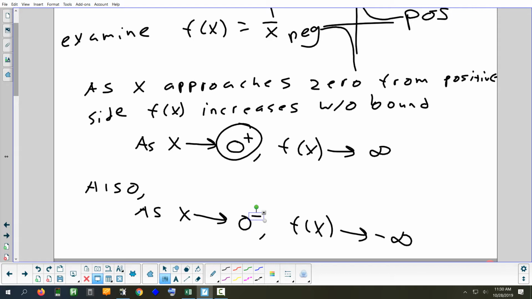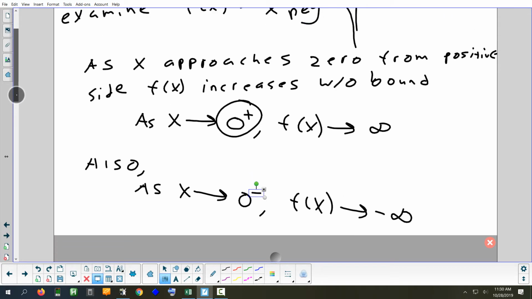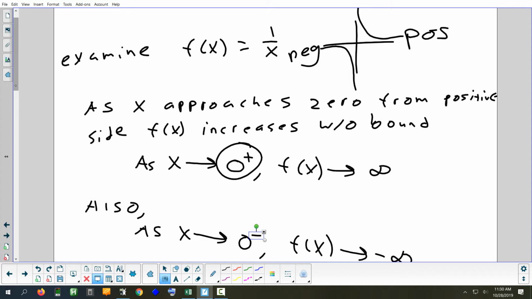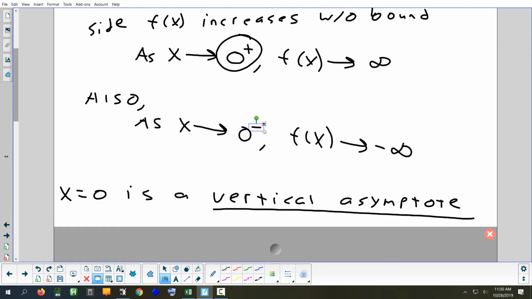What we're basically looking at here is another type of asymptote. If all of a sudden you try to get close to a value, and it just takes off in curves, that is called a vertical asymptote. And it's very important when you write the equation for a vertical asymptote, x equals.